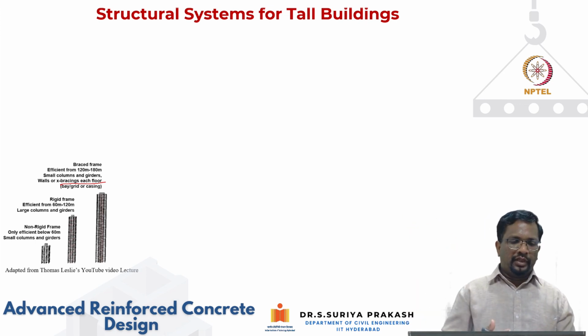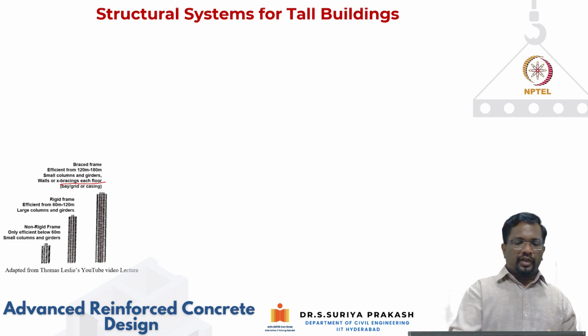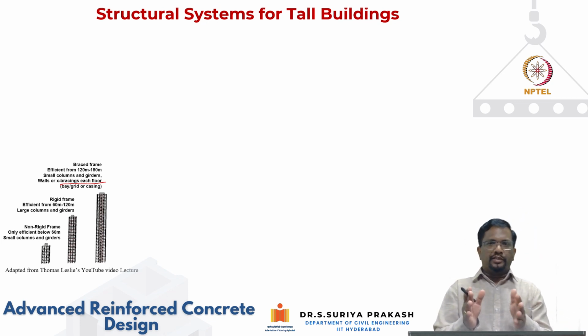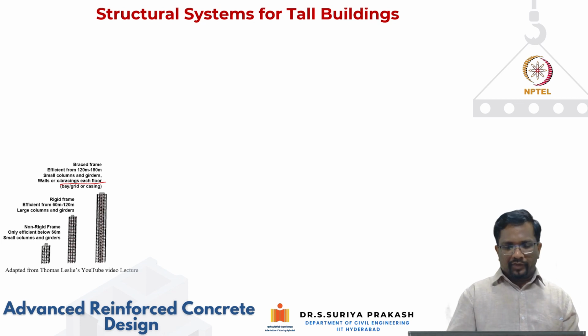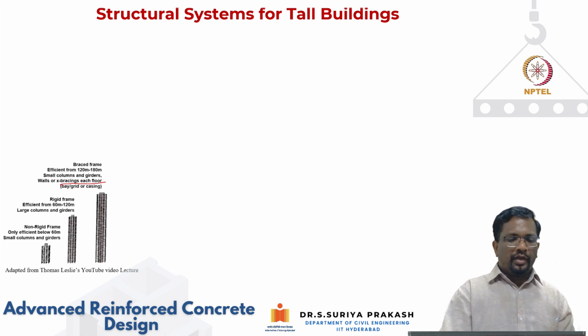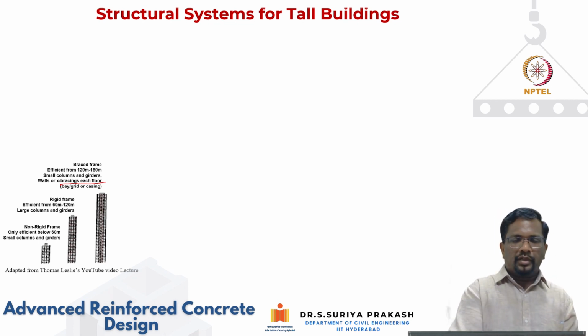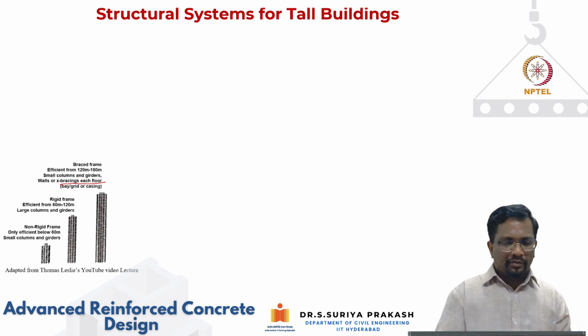They want to see the outside world. So you cannot block the space on the outside. The bracings have to be designed in such a way that they do not obstruct the functionality of the building. Then this is your braced frame. You can use a braced frame along with the rigid frame. In fact, if you put in a braced frame, the dimensions of the columns and girders can be optimized.